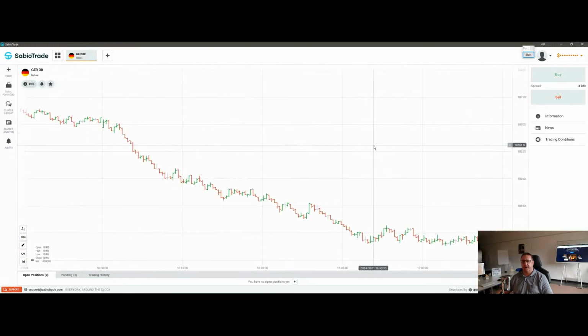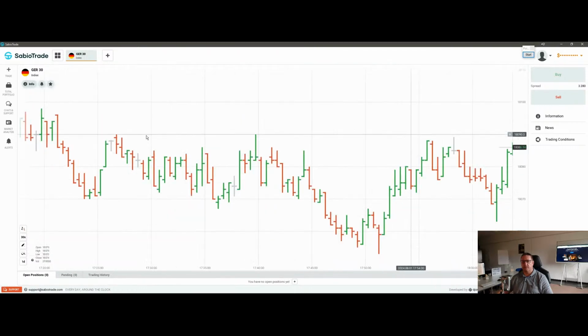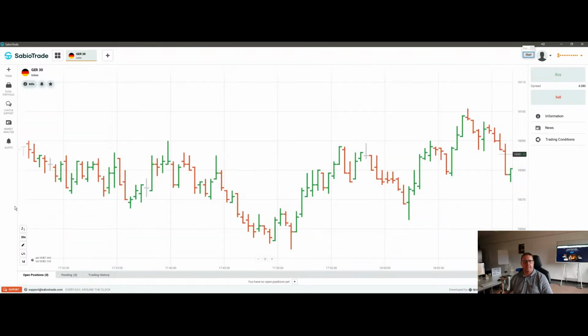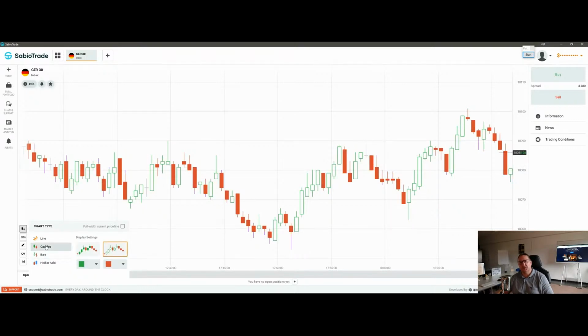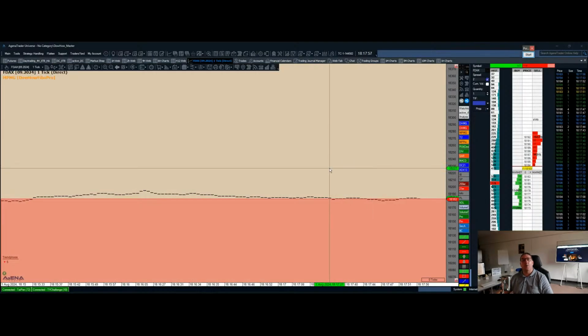Look, that's a bar chart. And finally, you have a Heikin-Ashi chart. So why can you do this? Because no one cares. Interesting, right? No one cares.